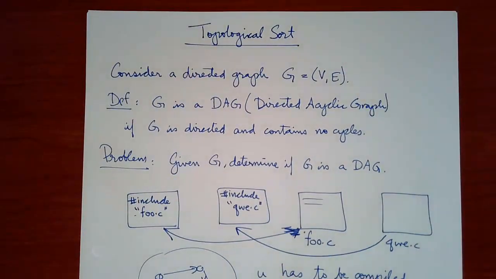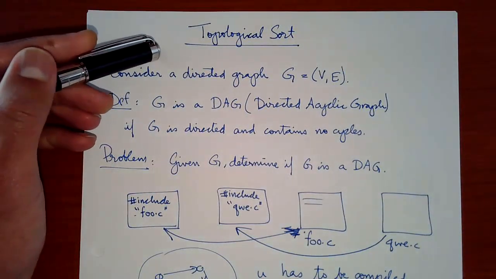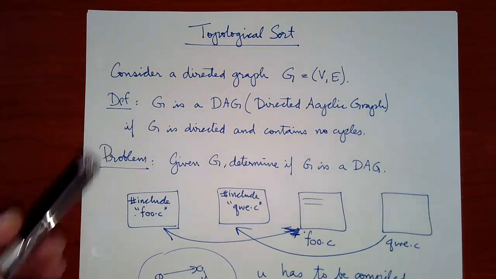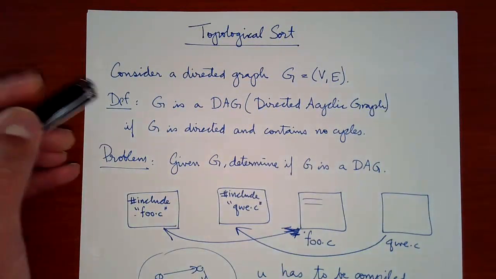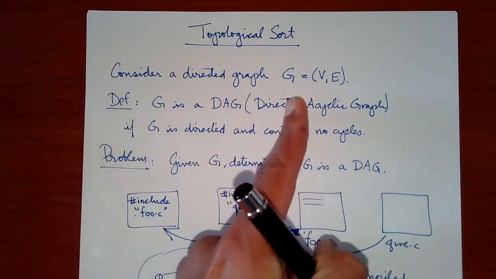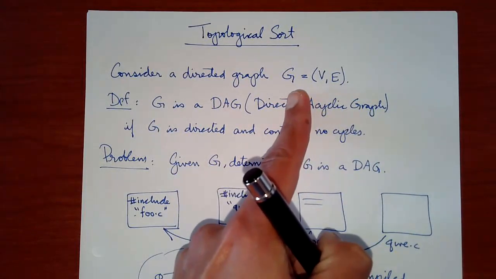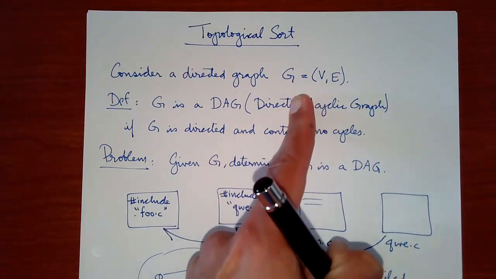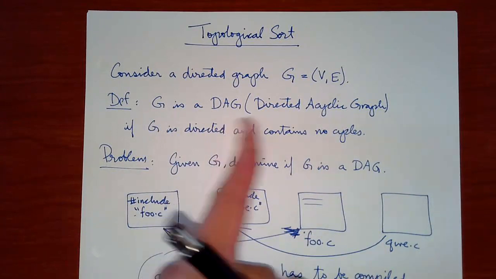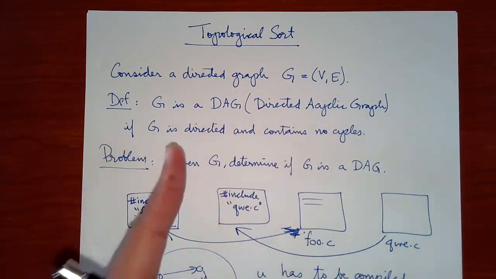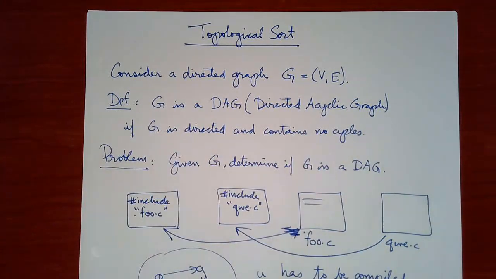So now the main topic for today is topological sort and actually more complex versions of that. Consider a directed graph. A directed graph is a DAG, a directed acyclic graph, if G is directed and has no cycles in it.